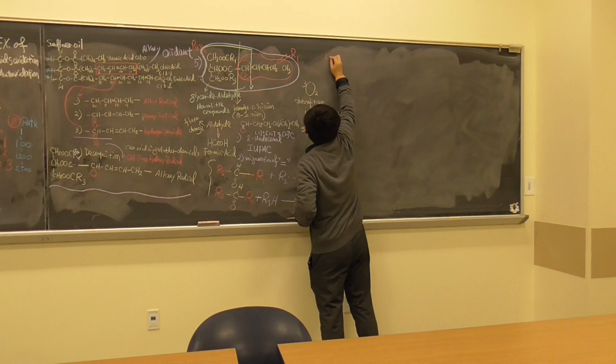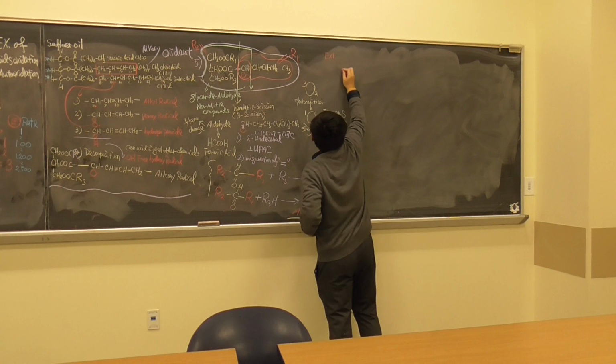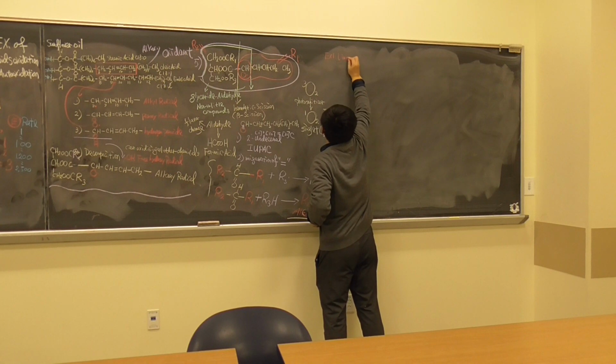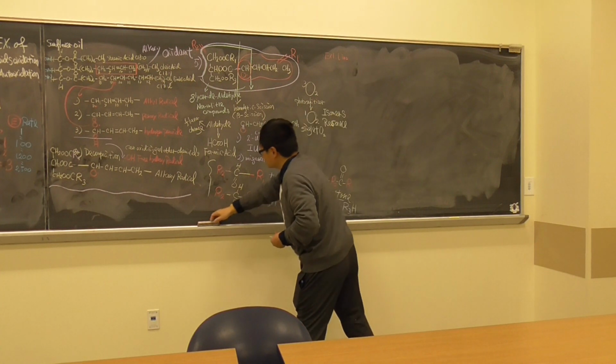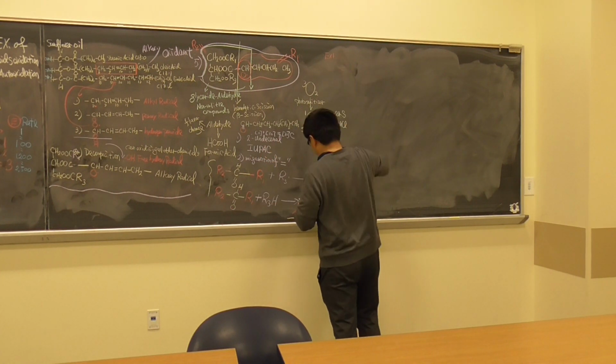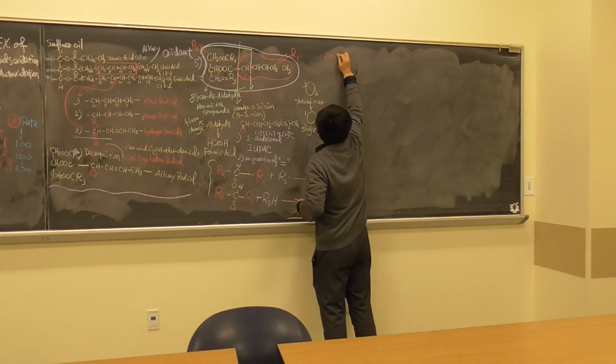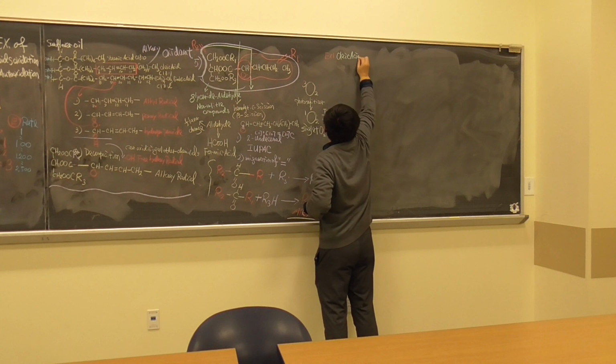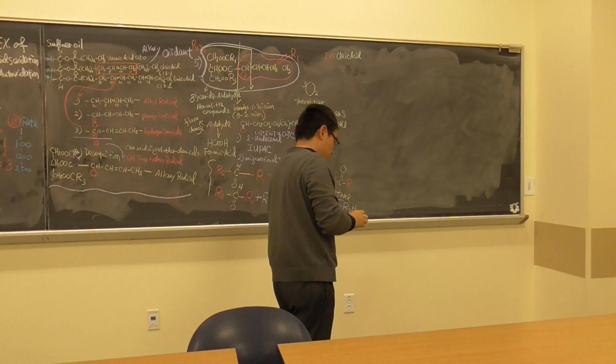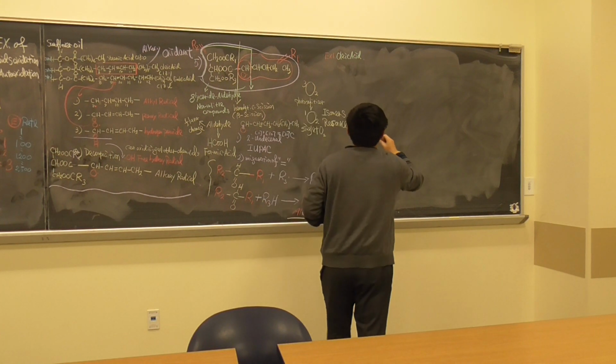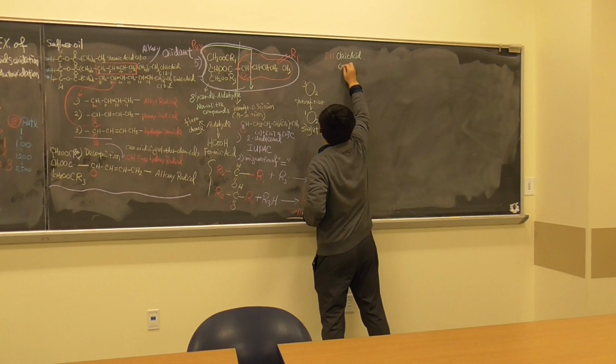What happens in example number one? Oleic acid. Still using oleic acid as an example. Okay, oleic acid, we have to draw the whole thing in order to explain. COOH.